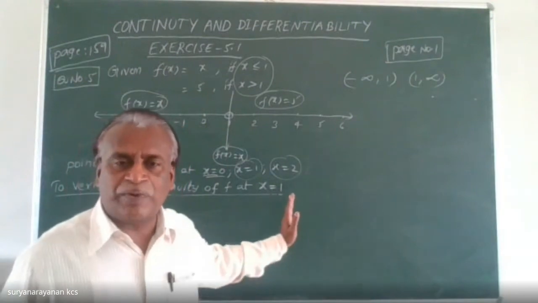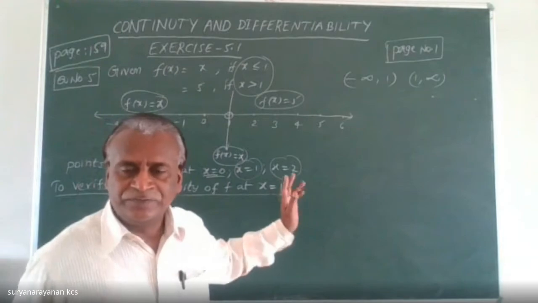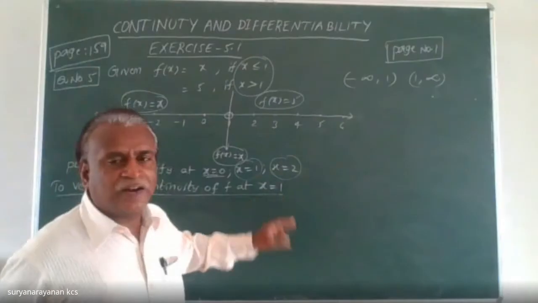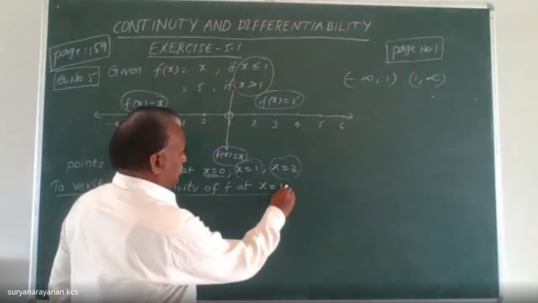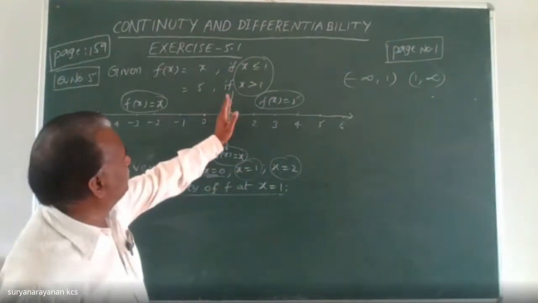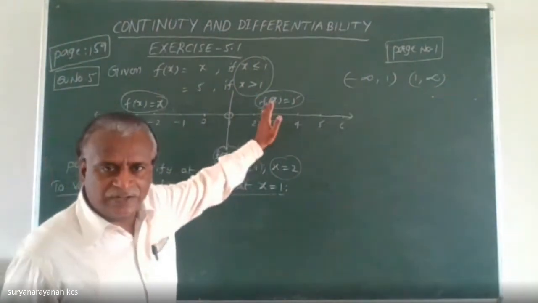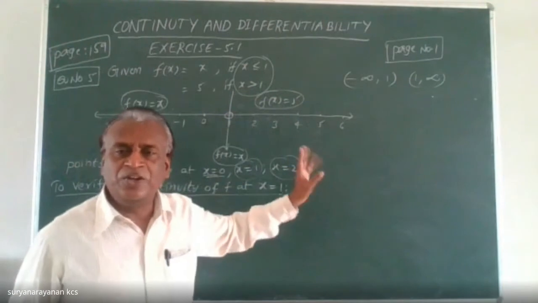At this particular point, on the left side and right side, is the function defined differently? Yes, defined. See here, at x is equal to 1, left side and right side, it is defined in two different ways.